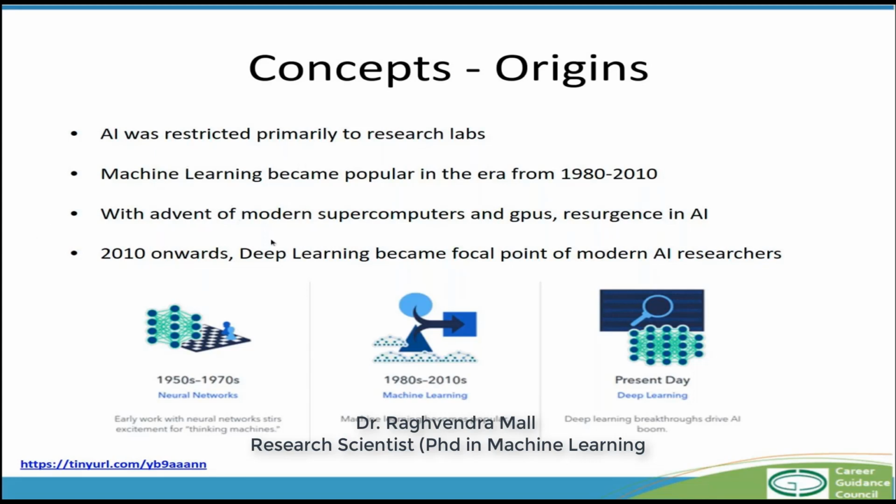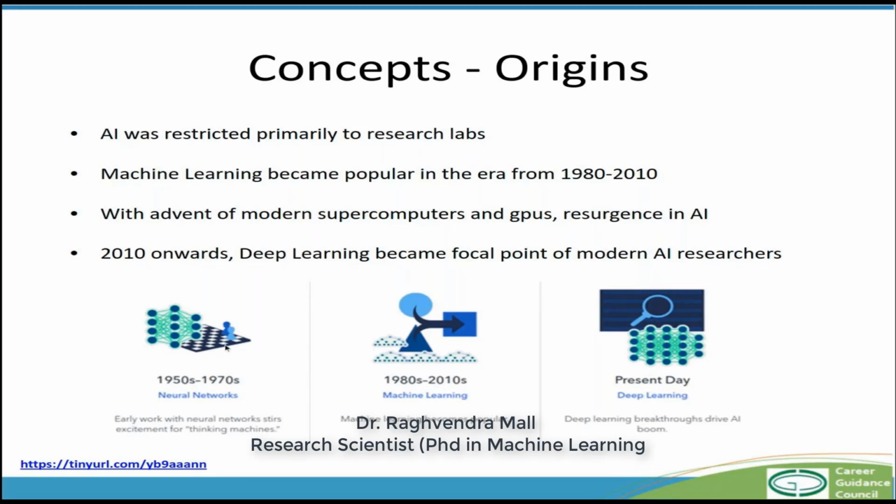With the advent of modern supercomputers and GPUs, there has been a huge resurgence in artificial intelligence, in particular the field of deep learning. In 2010 and after, deep learning became the focal point of modern AI researchers. Most of the applications right now use some form of deep learning because it outperforms, or performs at par with, most of the other machine learning methods.